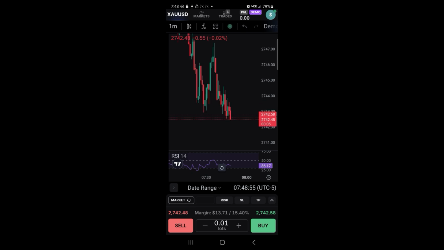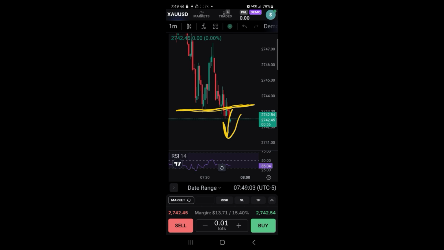But if I zoom in on it, you can see that it's already breaking the plane. So this more likely than not will continue on a downtrend, even if it's an up and down trend. So we will wait.